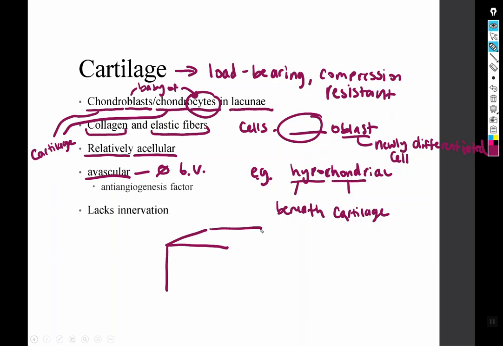and here are our little chondrocytes and their lacunae, and then imagine I have an artery going through this. So what I'm going to do is draw the matrix first.